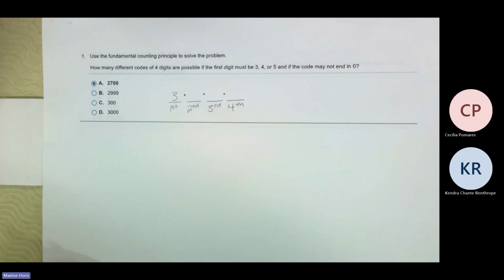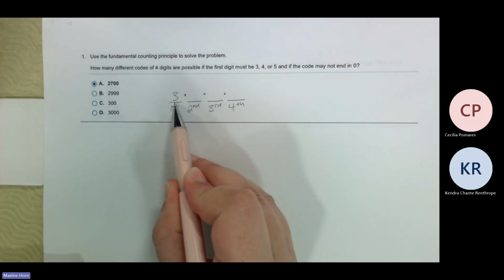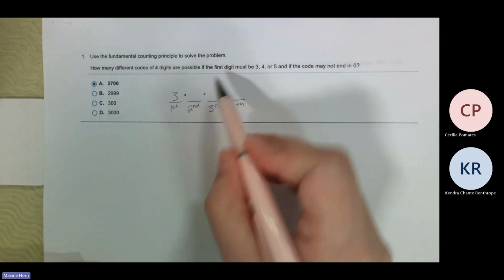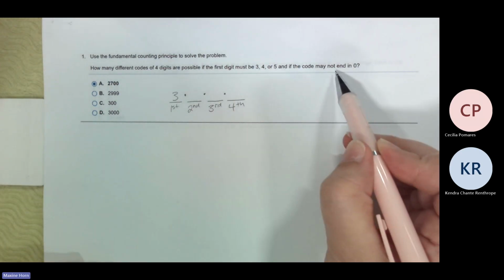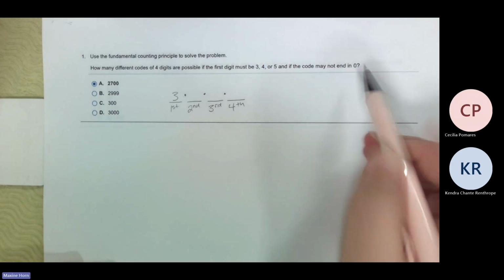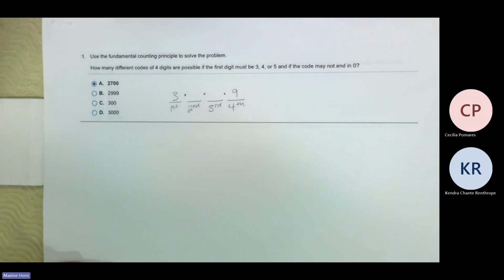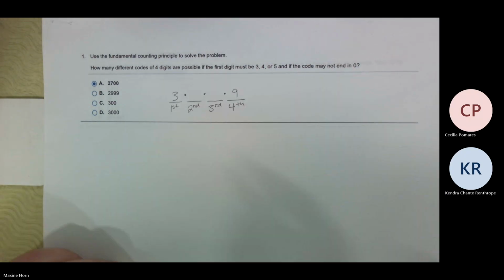So I have 3 options for the first digit. The other clarification it gave us is that the code cannot end in 0. So instead of having 10 options for this fourth digit, we only have 9 options, right? Because when we have the digits 0 through 9, that's 10 options.